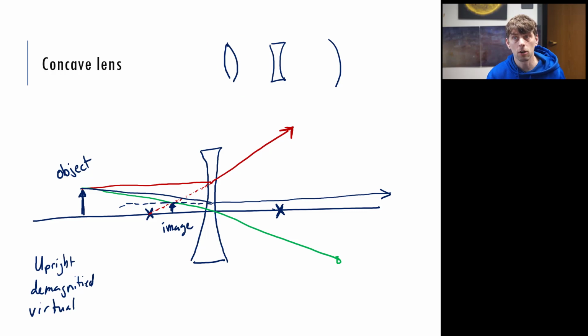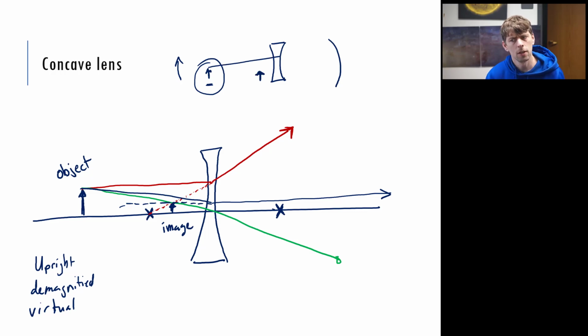Once you figure out, say, here's the object, once you figure out the location of the image, then the image for the first lens becomes the object for analyzing the second lens. In other words, you forget about this sucker. This becomes the new object, and you do it again to find the new image location.